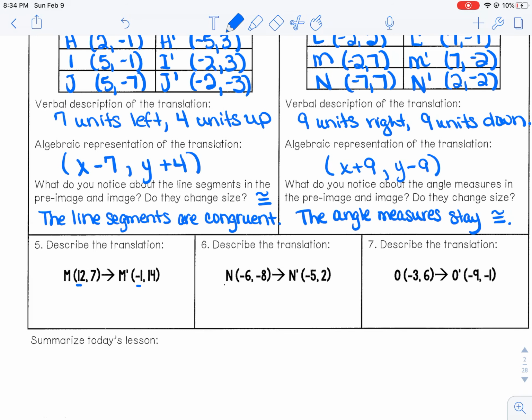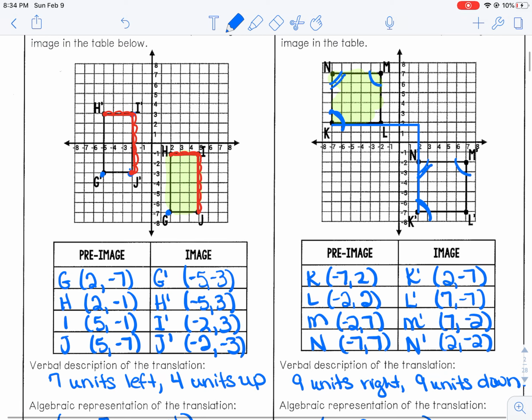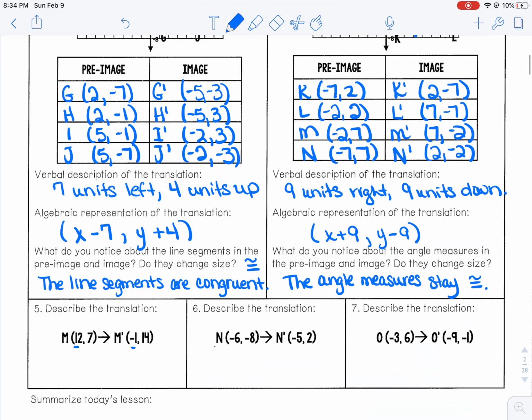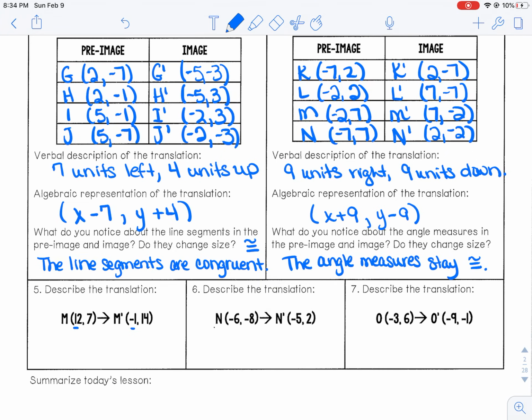If you have to look back up at the grid, you can. 12 would be out here somewhere, and I'm going to negative 1 on the x-axis, so I'd be going to the left. How many units? I would be going all of the 12 on the positive side and one more on the negative side, so I'd be going 13 units left. Then I'm going from 7 up to 14, and that would be 7 units up.